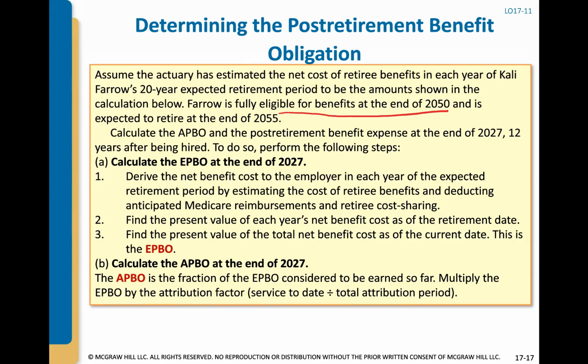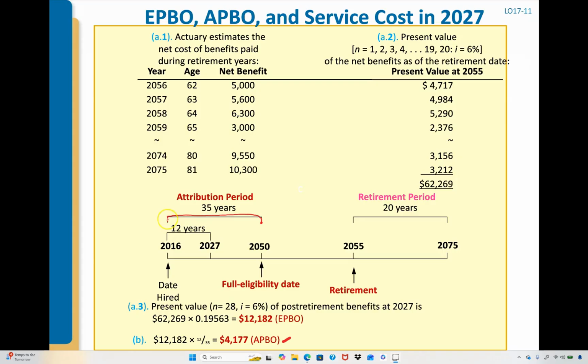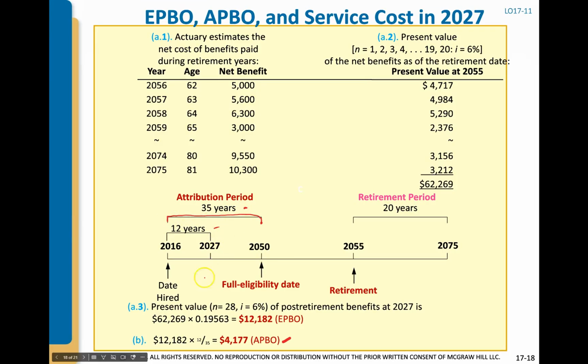That's how we got that number. So the attribution period is 35 years. She's worked 12 of those 35. So we're going to take our EPBO of 12,182, multiply it by 12, divide by 35, and that's how I get my accumulated post-retirement benefit obligation. This is the amount that I'm going to put on my balance sheet as a liability.